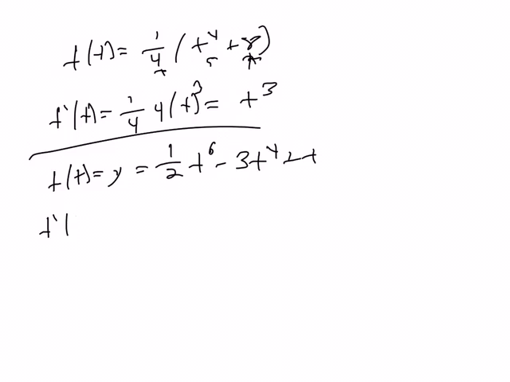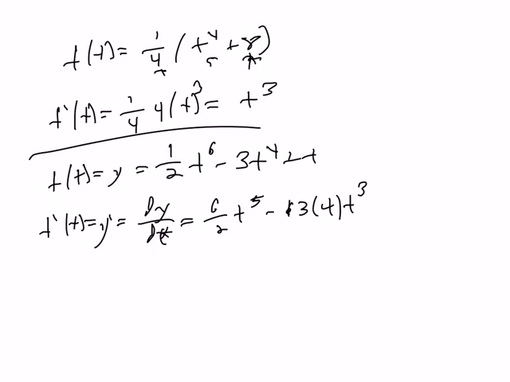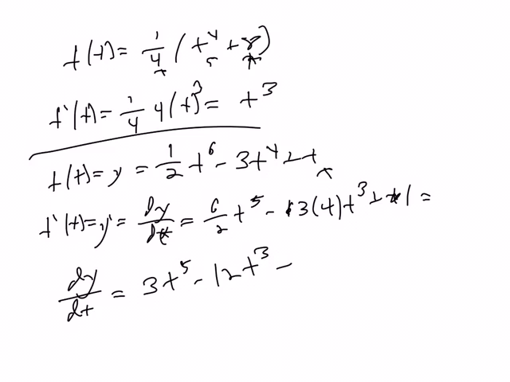So f prime of t is equal to y prime is equal to the change in y over the change in t over here, which is equal to 6 over 2 t to the fifth minus 3 times 4t to the third power plus t, which just becomes 1. And this is going to give me, so dy over dt is equal to 3t to the fifth power minus 12t to the third power plus 1.